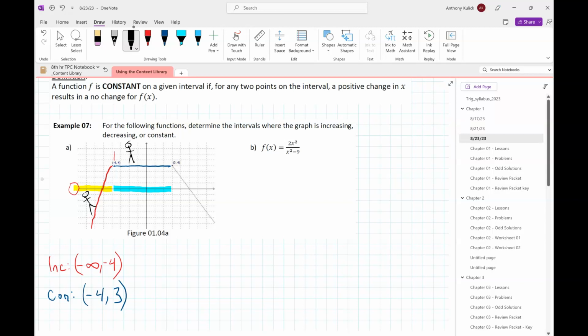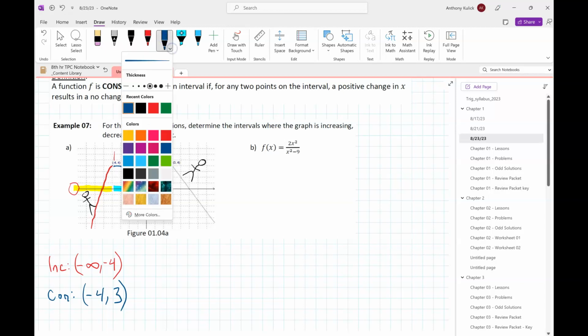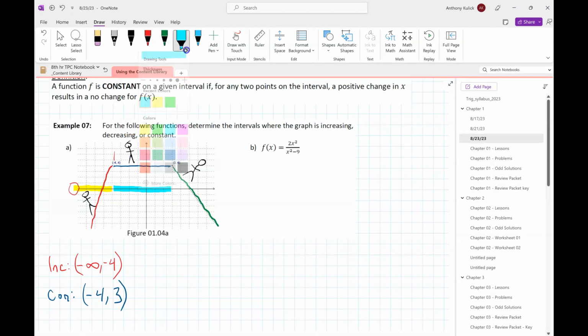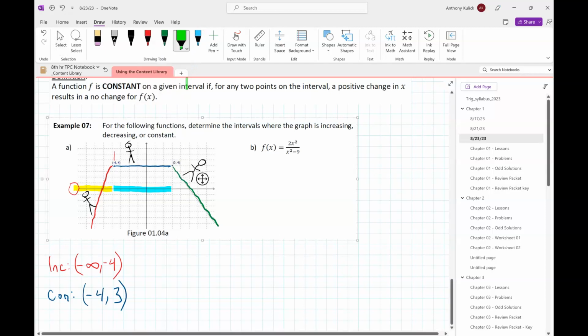Okay. Little man, you're now on this section of the graph. Looks like we're going downhill now. That section of the graph corresponds to that part of the x-axis.